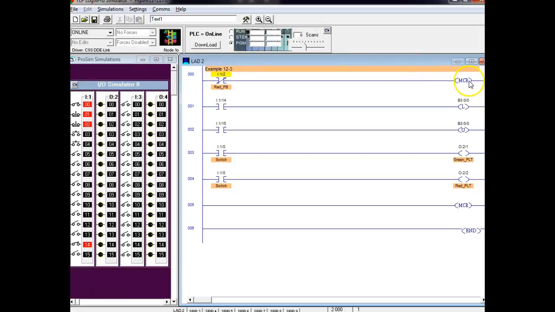Okay. So what we're doing is here's our first MCR coil, here's our second MCR coil. And of course, I've got switch 1, 0, so these are on the same switch. So 1, 0 is true, but look, notice they're not even lighting up over here.